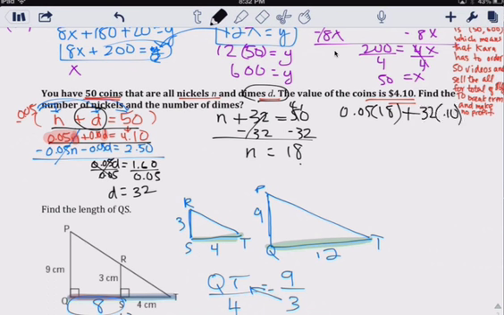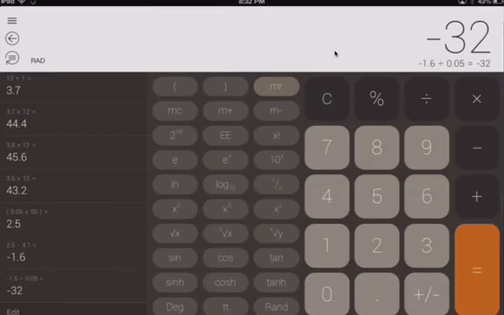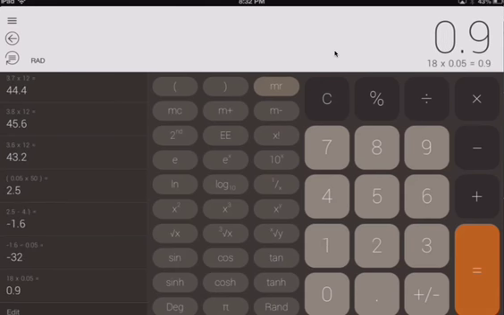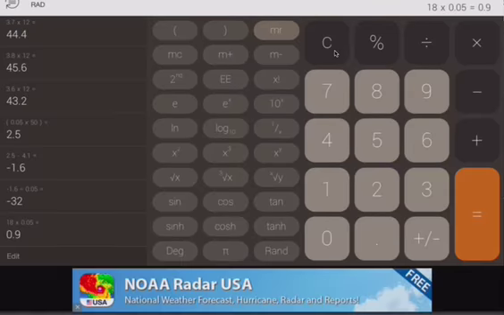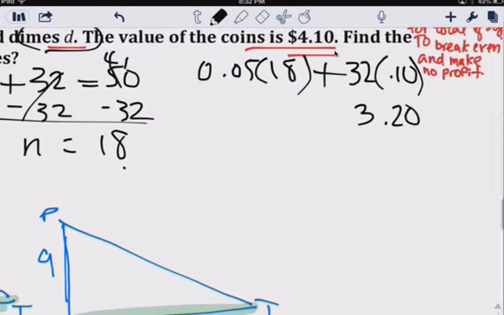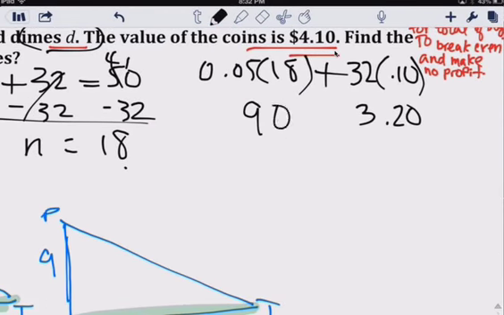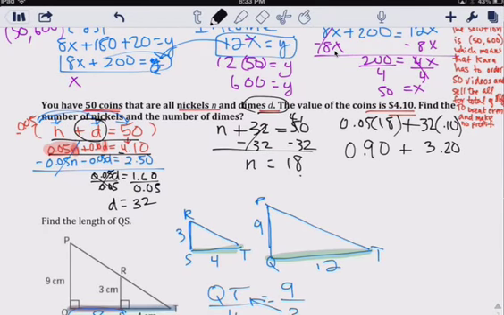I'm going to double check. I'm going to clear this calculator, sometimes it's weird. 18 times 0.05 is 90 cents. Plus that, gets you the $4.10 all together in all your coins. So now you know you're right.